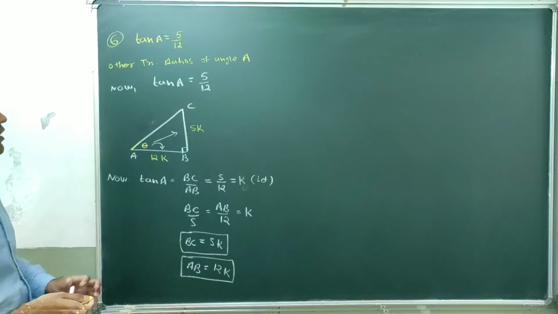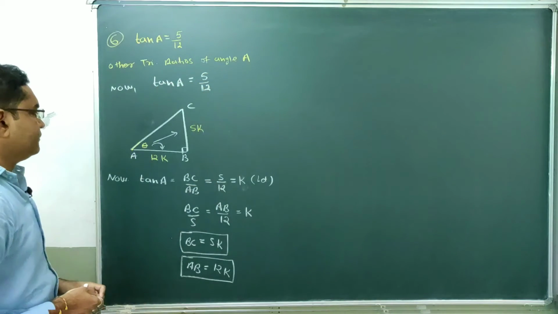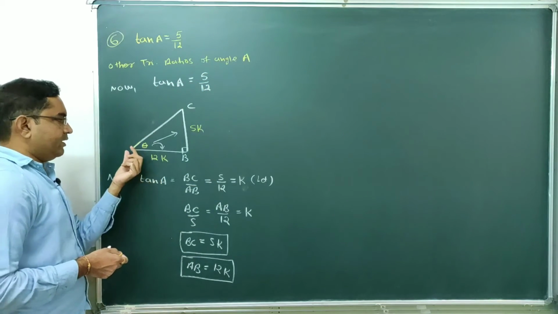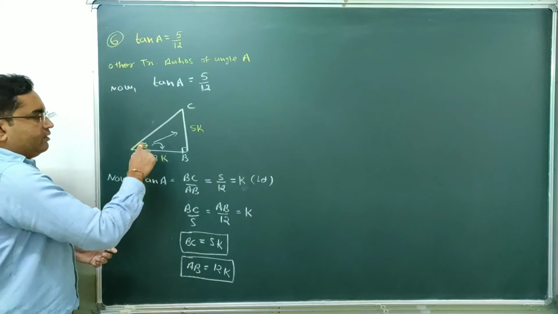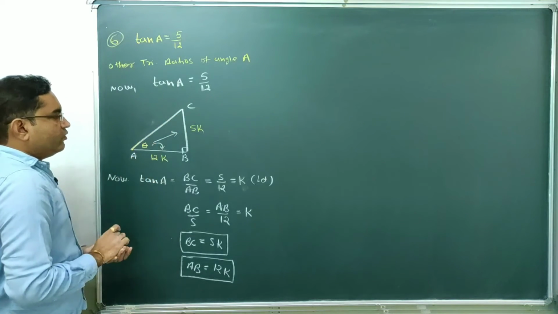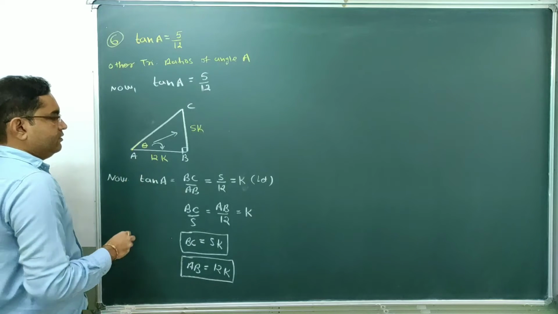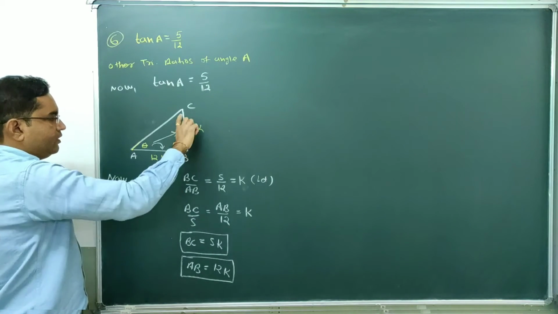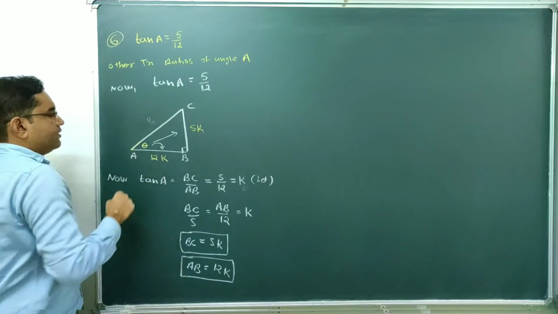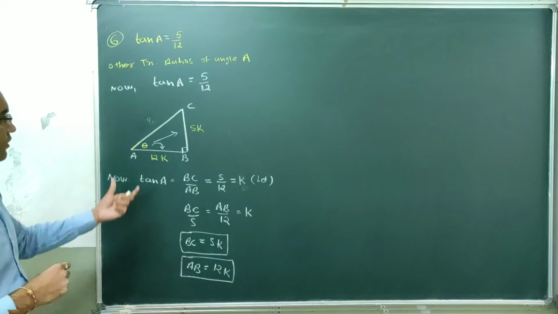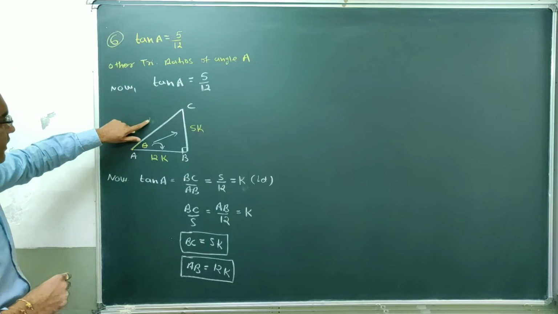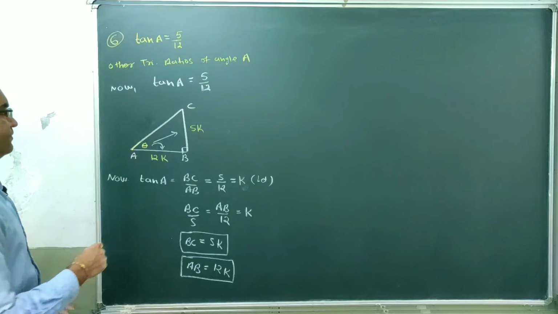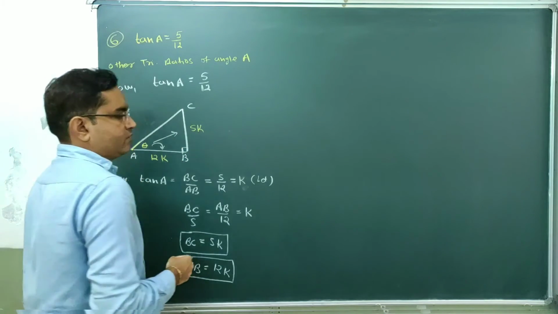Our question is find all trigonometric ratios of angle A. To find all trigonometric ratios of this angle A, we require measure of all the sides of this right angle triangle. So here AB is known, BC is known, but still this hypotenuse is unknown. So first we will try to find the value of this hypotenuse, and that can be obtained by using Pythagoras theorem.